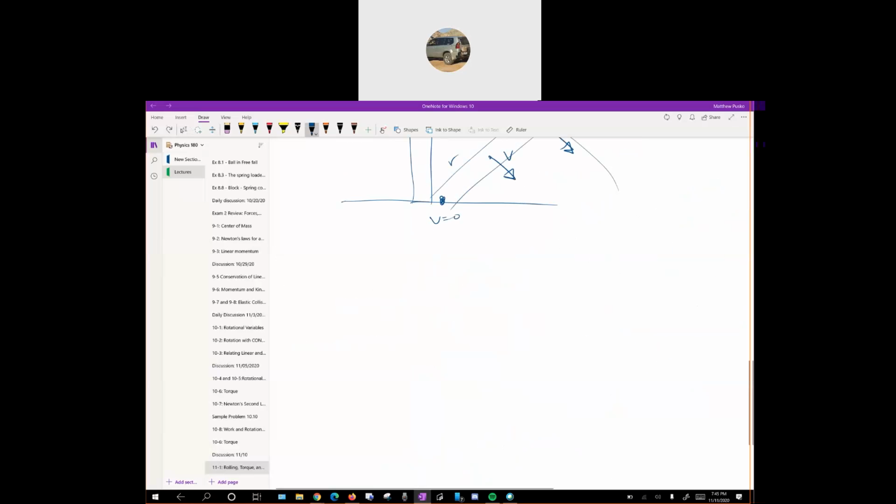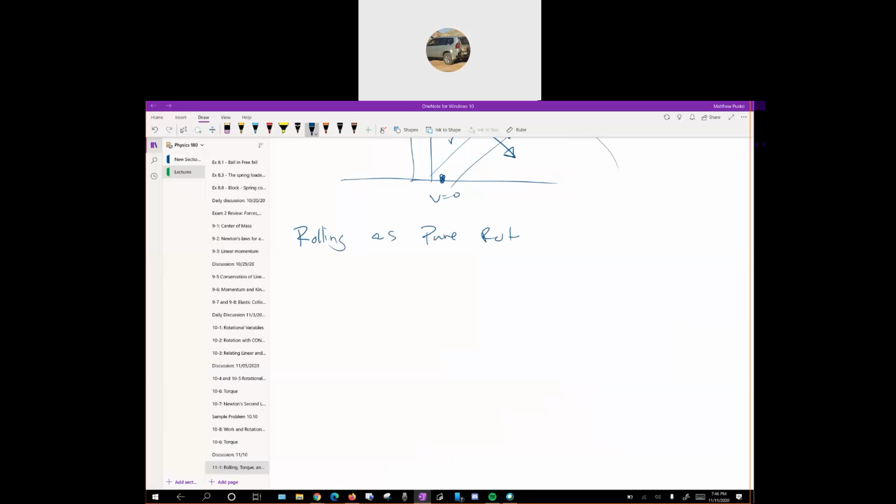All right, there's another way to look at this though. What if we look at rolling as just a pure rotation? We're going to consider that by looking at just the point at which it's making contact with the ground. So there's our ground.